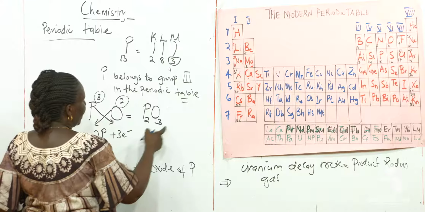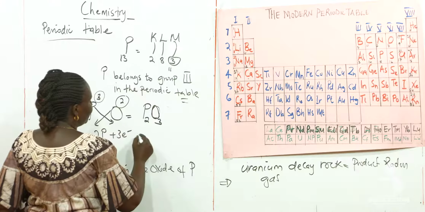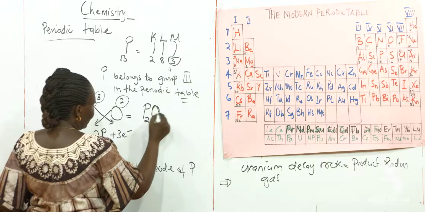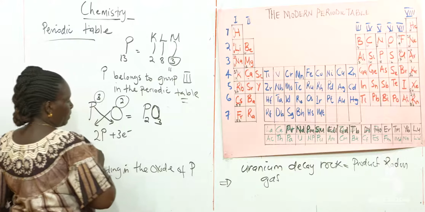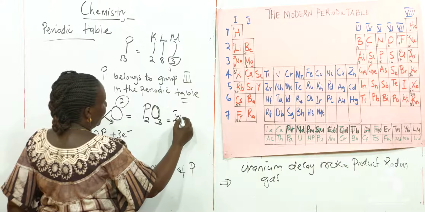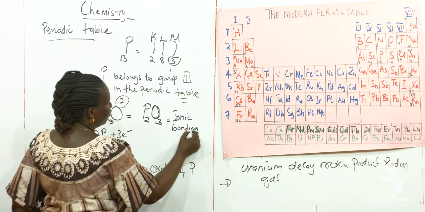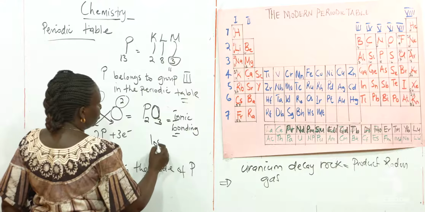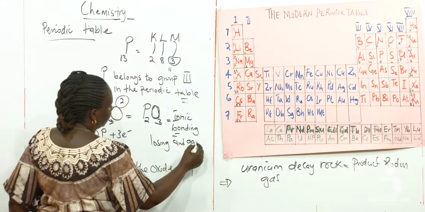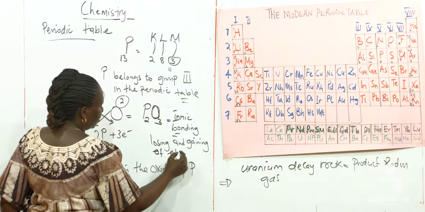This 6 can be gained by 3 oxygen atoms, because each oxygen atom needs 2. So this compound is formed as a result of P losing electrons that are gained by oxygen. So the nature of bonding will be ionic bonding, because ionic bonding is a bond formed as a result of losing and gaining of electrons.